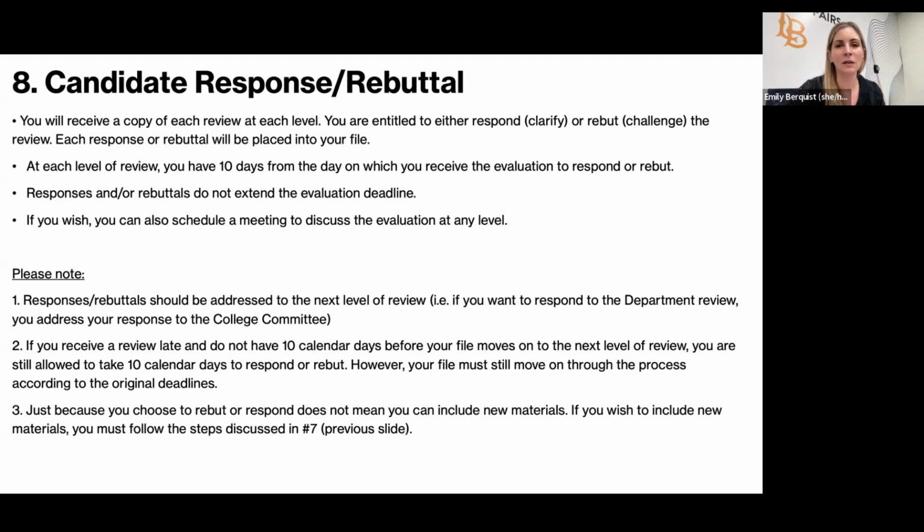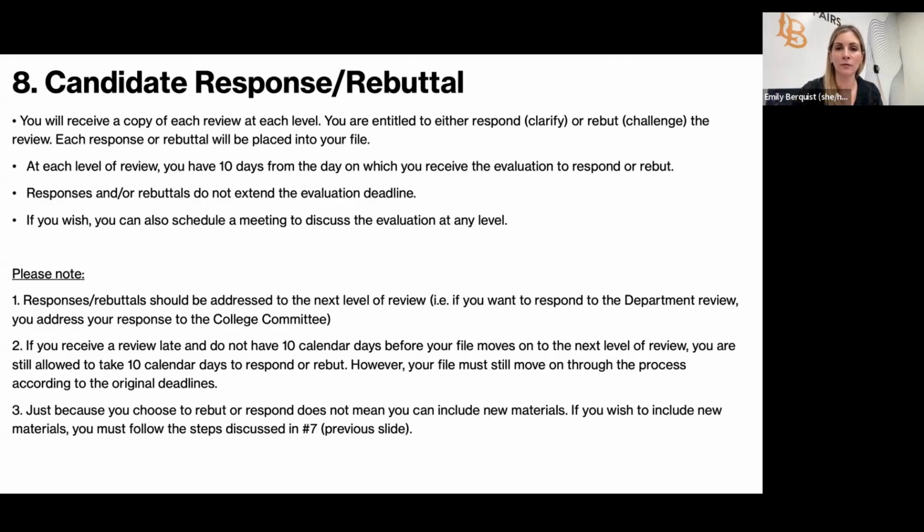So once you receive a review, you have the right to either respond, which is more like clarifying, a little more gentle, or rebut, as in challenge the review. And each response or rebuttal that you make will be placed into your file.